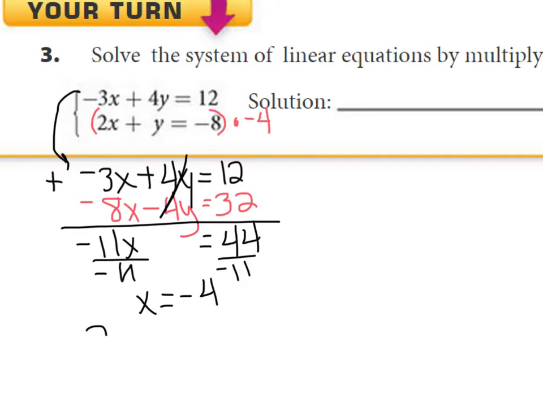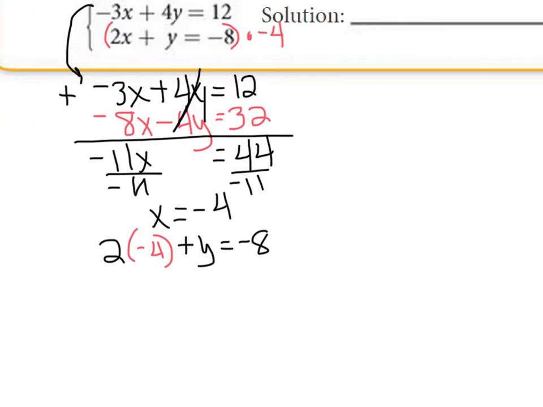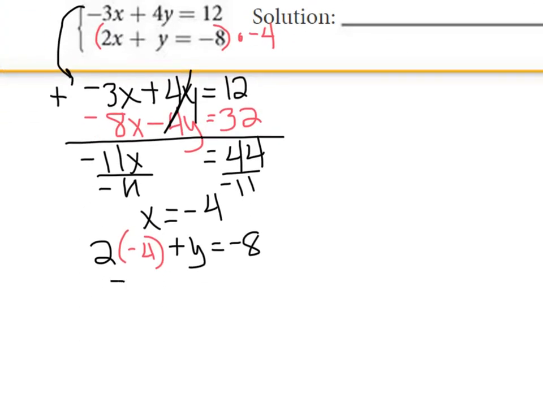So I'm going to have 2 times x, but x is -4, plus y equals -8. 2 times -4 is -8. And now to solve for y, I need to add 8 to both sides, which means y equals 0.